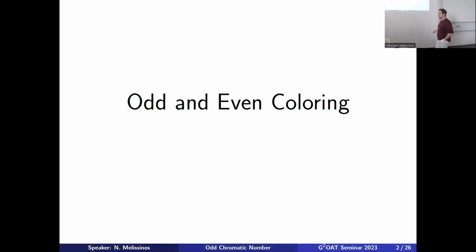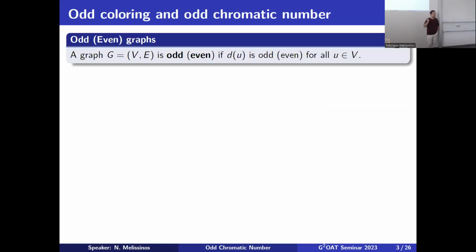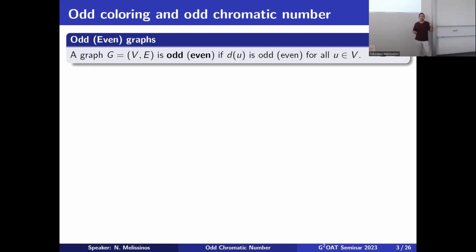So we're going to talk about odd chromatic number, but what is an odd and what is an even coloring? The definitions are similar between the odd coloring and even coloring, so I'm going to say only the things about the odd coloring. A graph is odd when all the vertices have odd degree. Basically you can imagine something like a complete graph with 4 vertices.